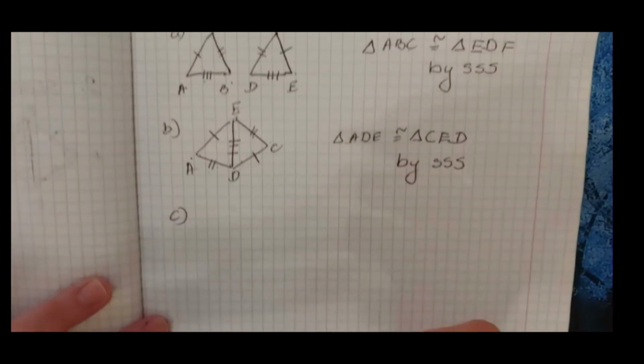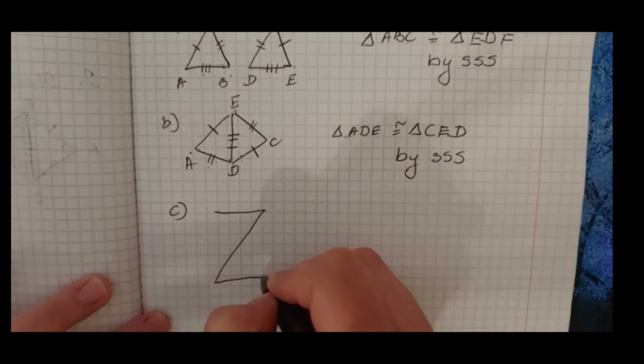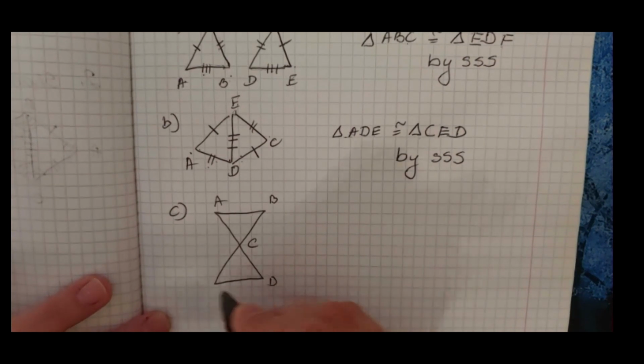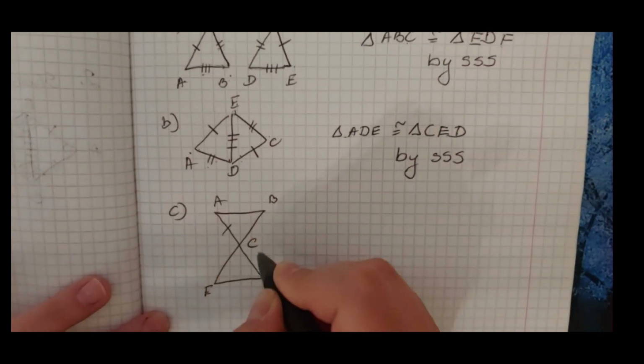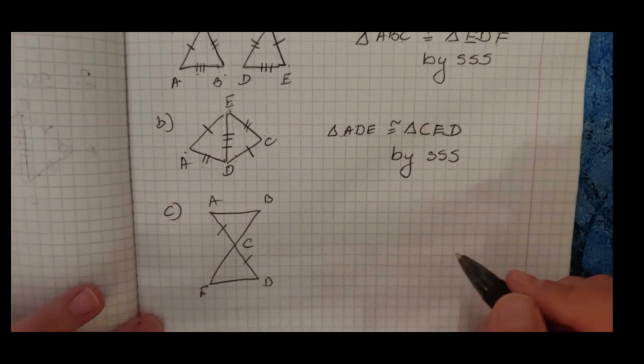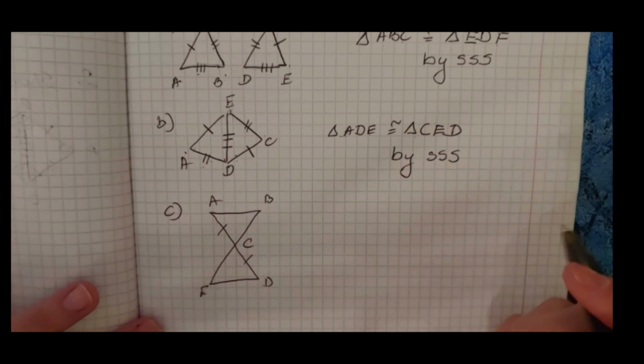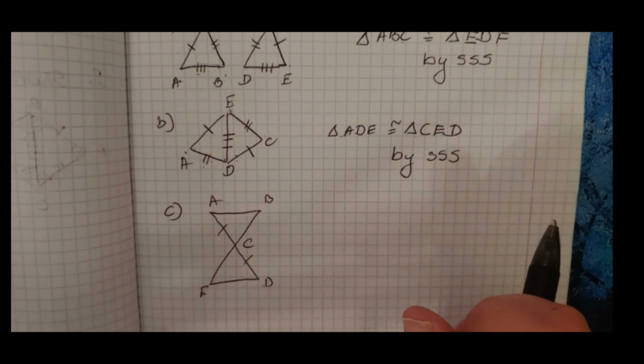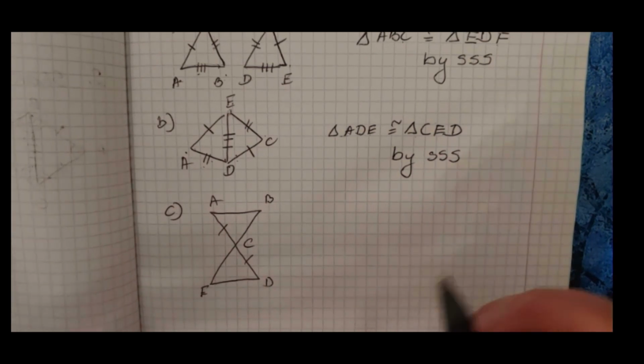And then they might give you something with A, B, C, D, E marked like this. Are they congruent by side, side, side? Well, we need 3 corresponding congruent sides. Right now I only have 1 marked. Can I add something? Do I know anything about it? Well, I do.